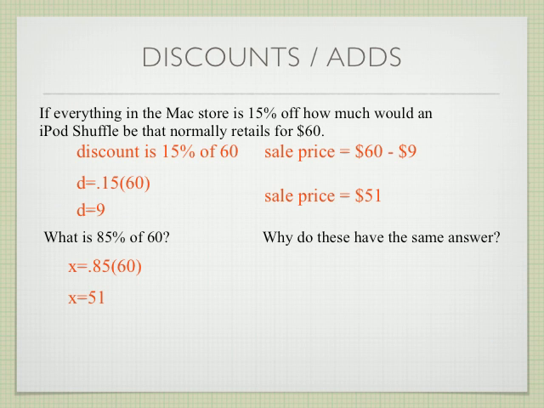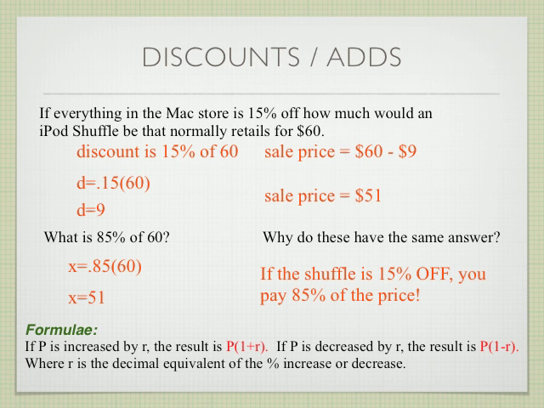So if the Mac store is taking 15% off of a price, how much is left? If they take away 15%, then only 85% is left. 100 minus 15 is 85. So if the Shuffle is 15% off, you pay 85% of the price. So here are the formulas.